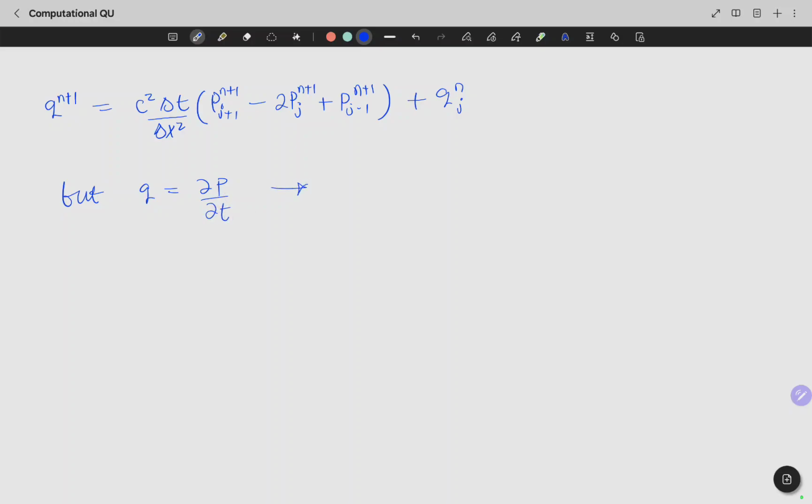When we use the forward difference for this, we can say that... when we use the backward difference, we can say that Q_j^n equals (P_j^n minus P_j^(n-1)) over delta t.